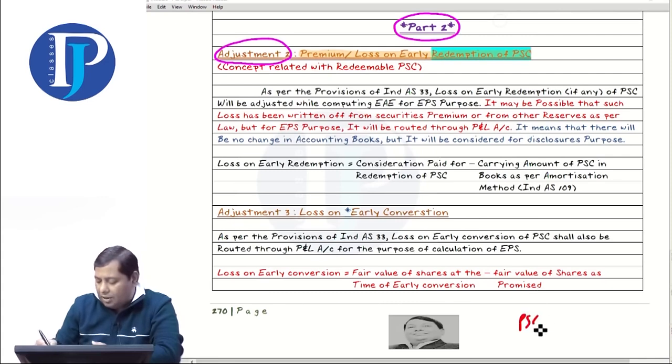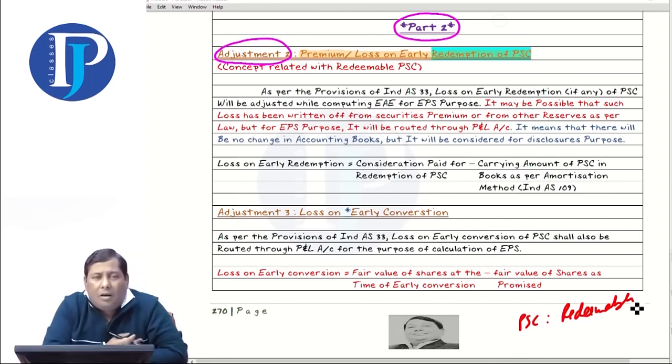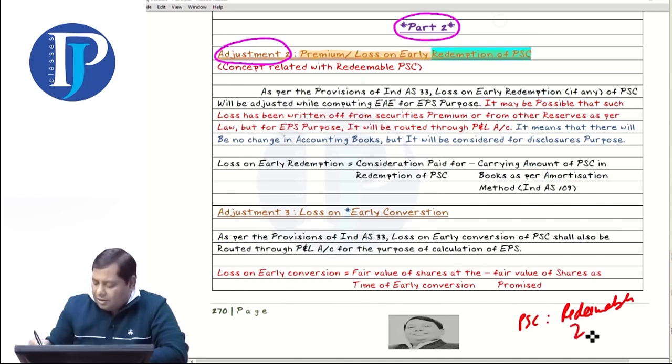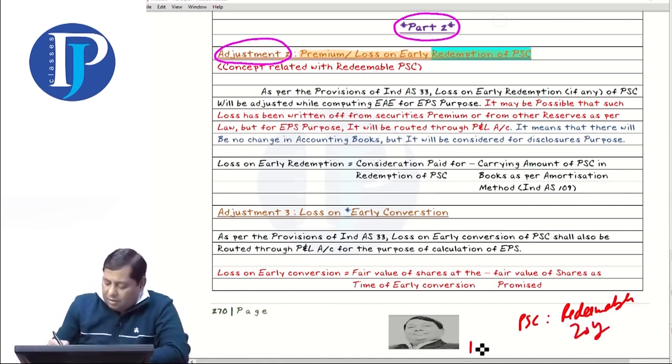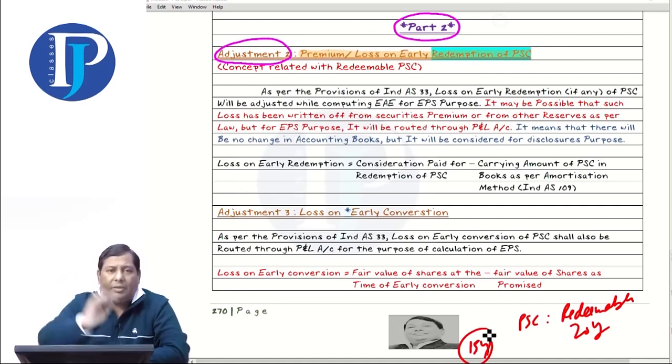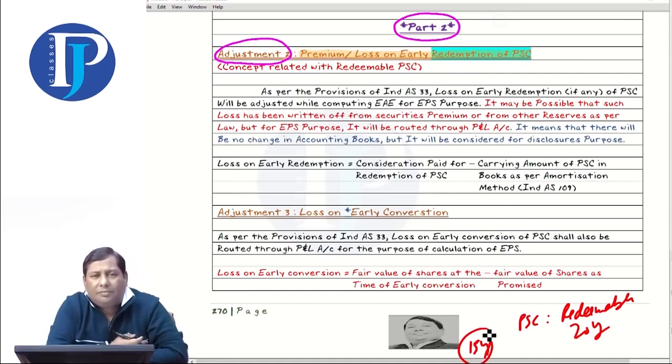Let's assume your preference share capital is redeemable. Its period was 20 years. I hope you are getting it. The company has redeemed it in 15 years, right? We asked the preference shareholders if we could redeem them early.